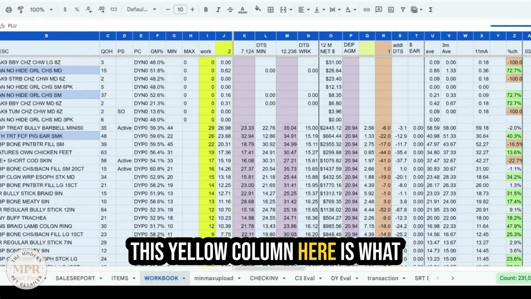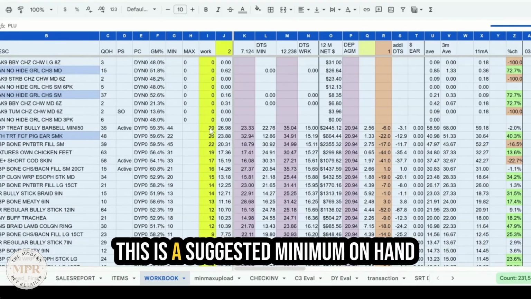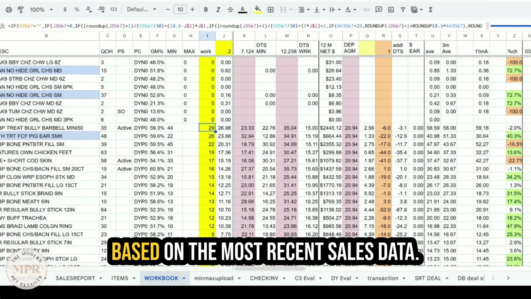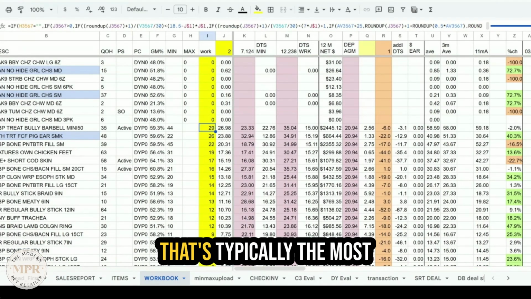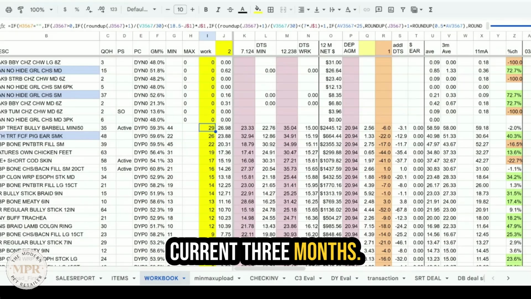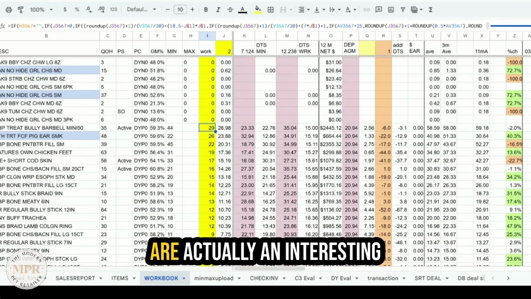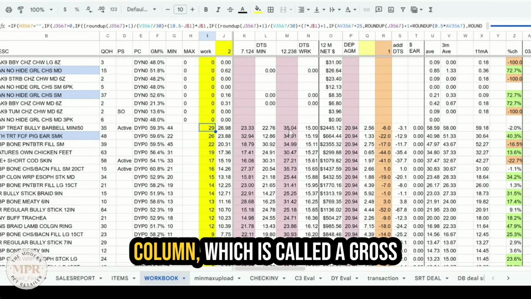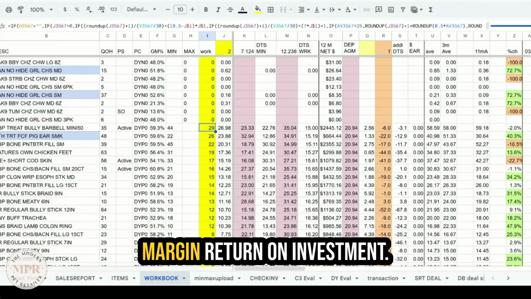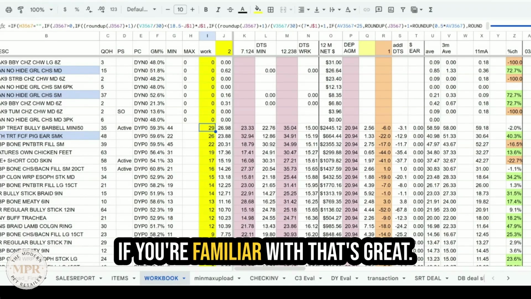This yellow column here is what we call the working column. This is a suggested minimum on hand based on the most recent sales data, typically the most current 3 months. And then the purple columns are an interesting column, which is called gross margin return on investment. If you're familiar with that, that's great.